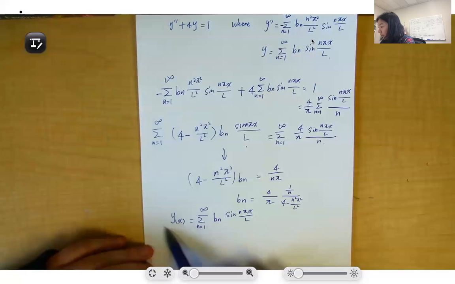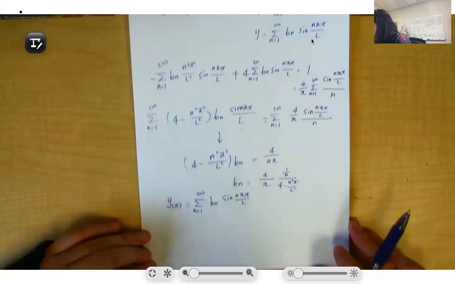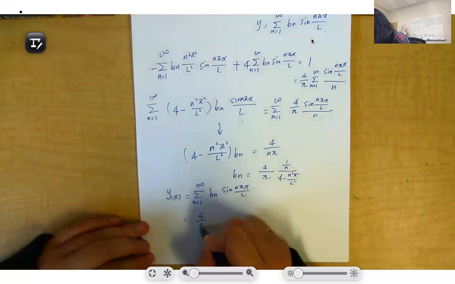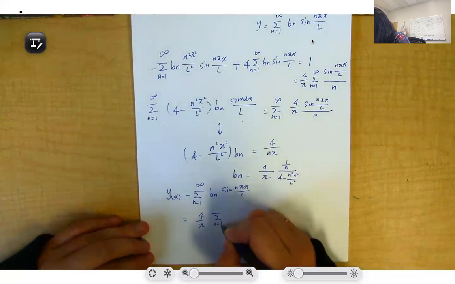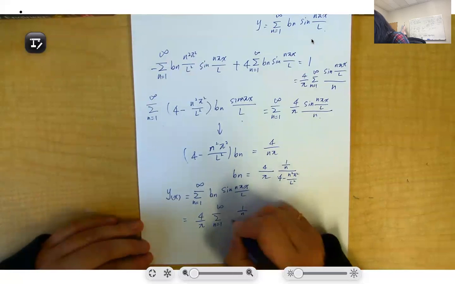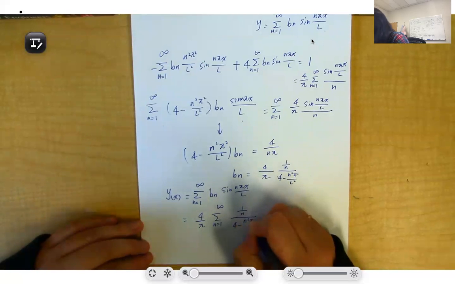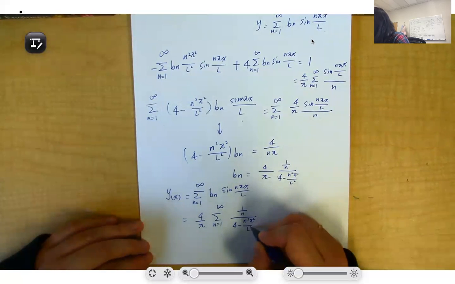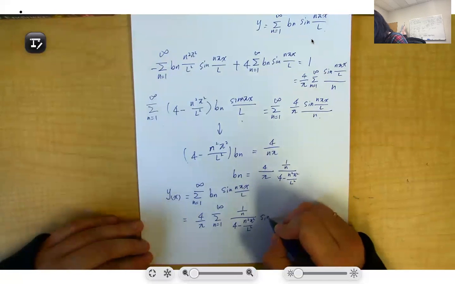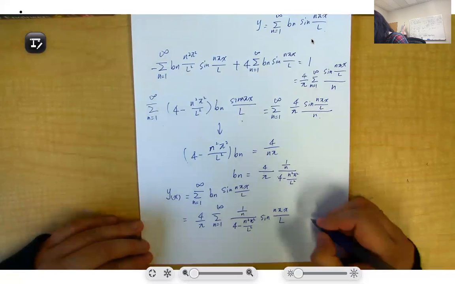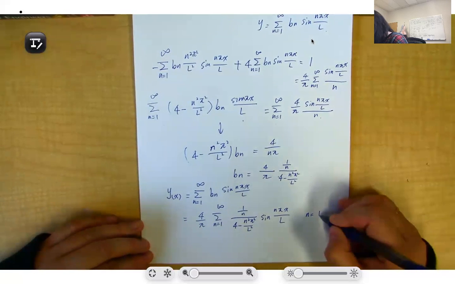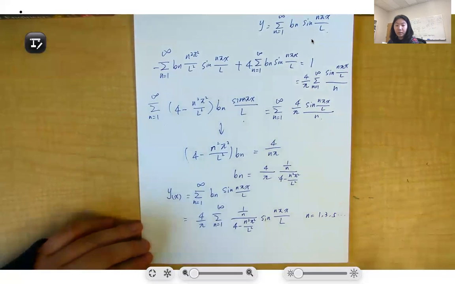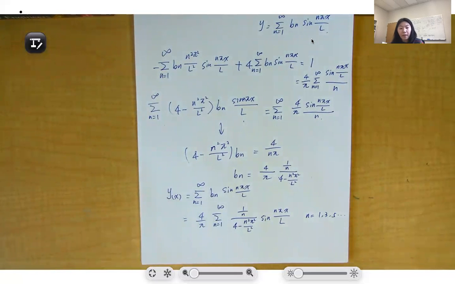You can know the final solution for y(x), which will be 4 over pi times the sum from n equals 1 to infinity of 1 over n divided by (4 minus n squared pi squared over L squared) times sine n pi x over L, where n is only the odd numbers, 1, 3, 5, until infinity. So this is how you can write the boundary value solution using generalized Fourier series.